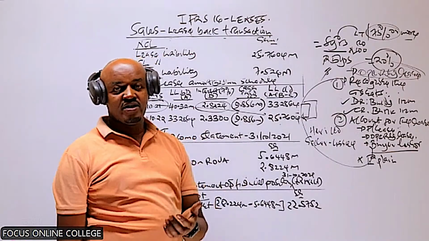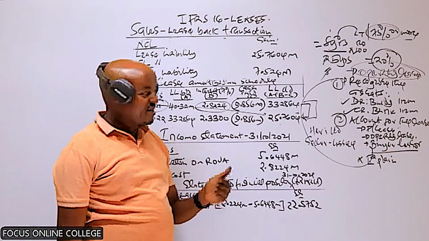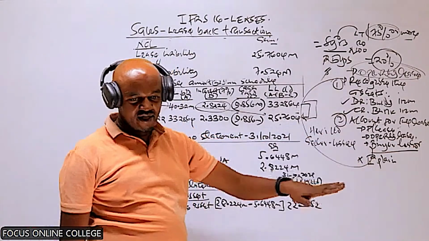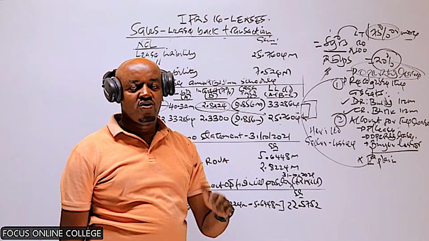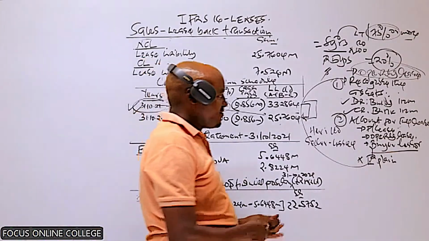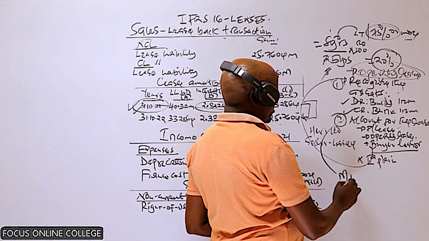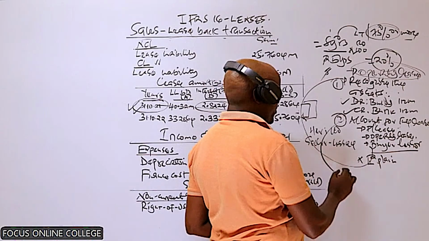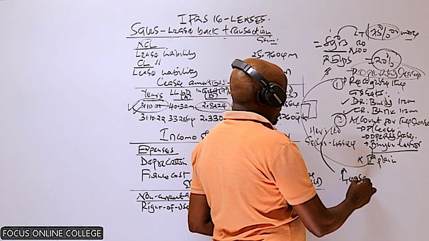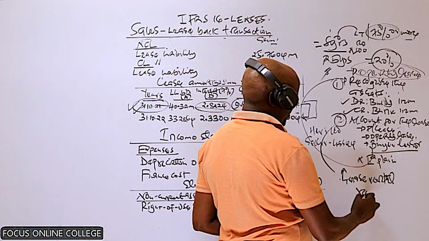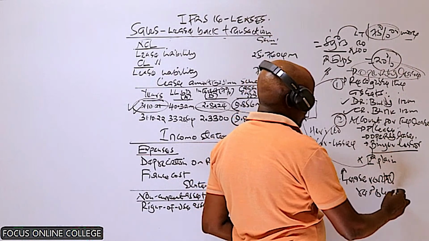So if it is an operating, what does that mean? It basically means that this company, that is the finance company, will just be accounting for the lease rentals receivable, which is basically what?